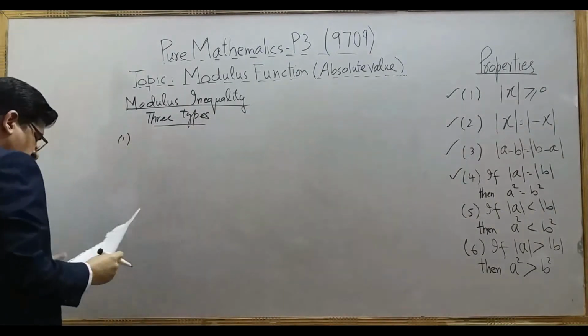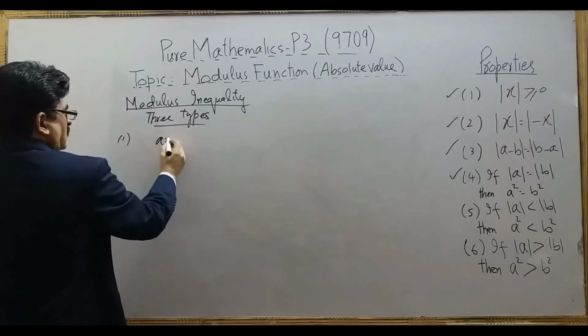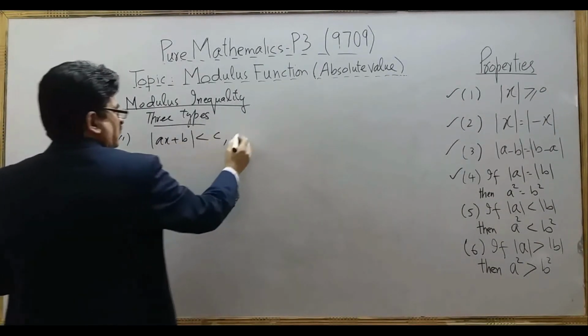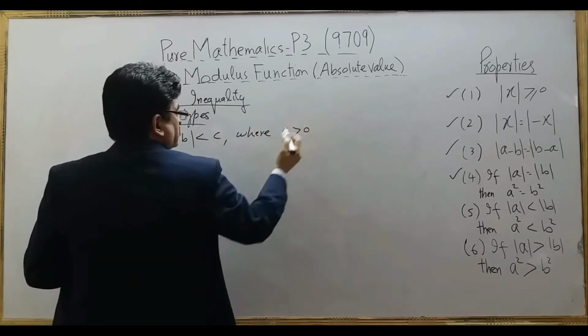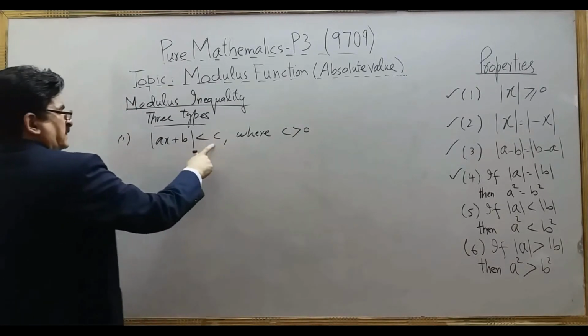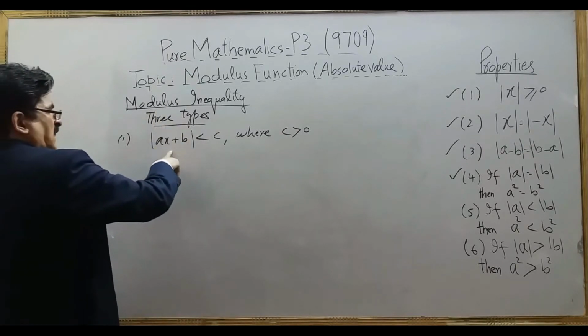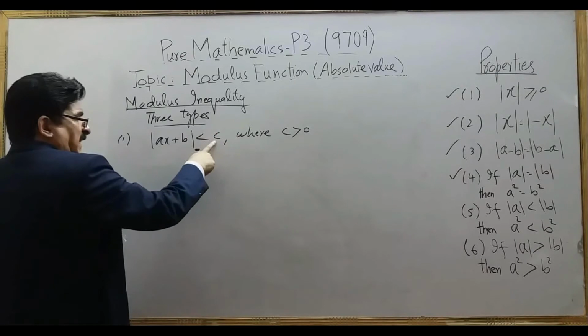Number 1, mod of Ax plus b is less than C, where C is positive. Very important point. C is positive. Mod is always positive. A positive number can be smaller than a positive, not a negative. How can it be negative?